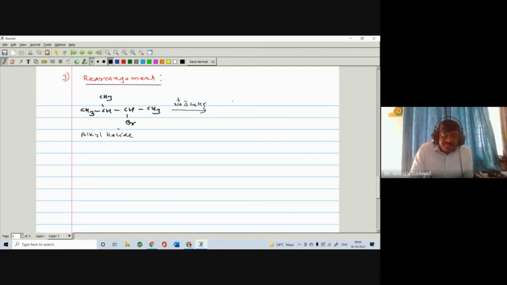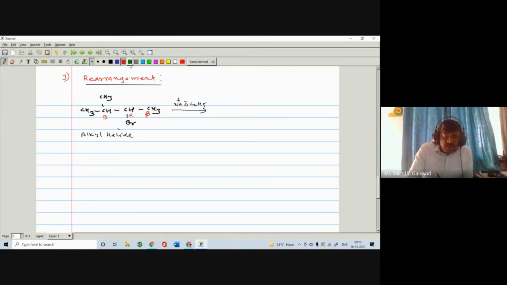So what happened in this case? If you see the mechanism, this is your alpha carbon atom, and this is your beta carbon atom, this is your beta dash carbon atom. Then there is a removal of a hydrogen from either beta or beta dash, and there is the formation of the corresponding product. First step is the formation of carbocation.